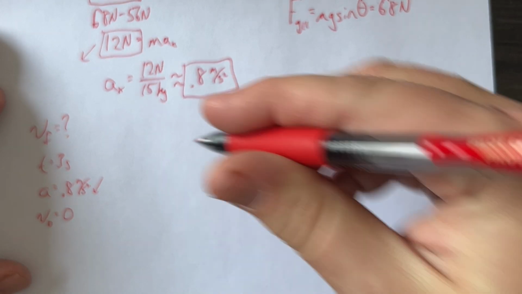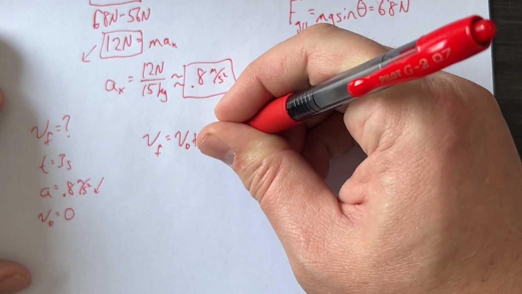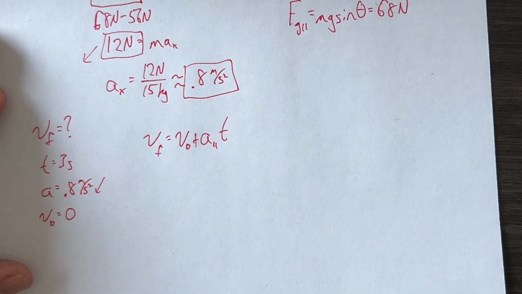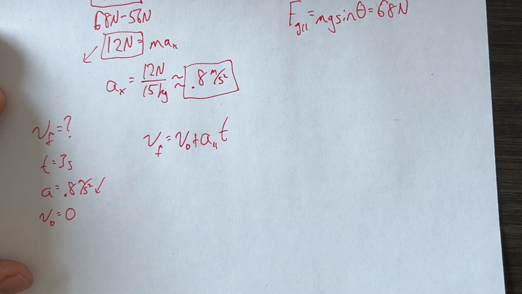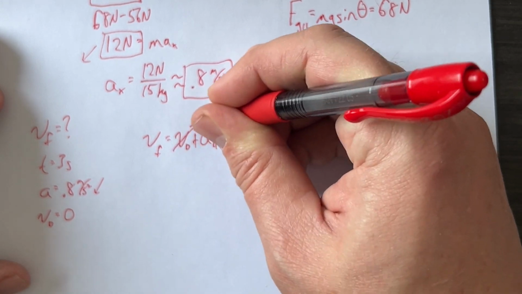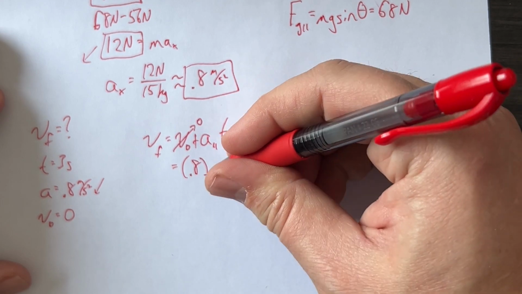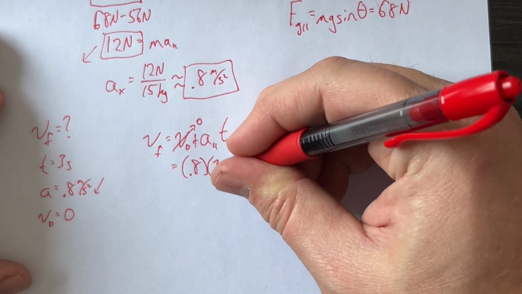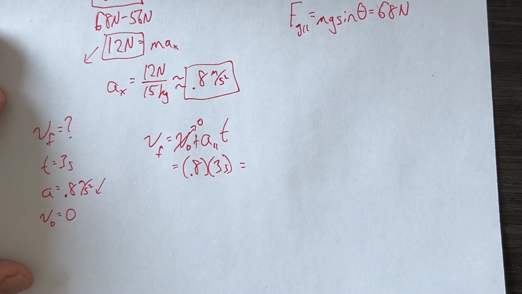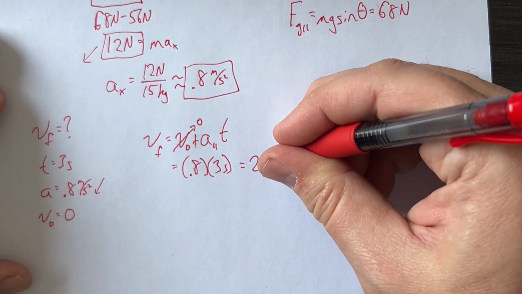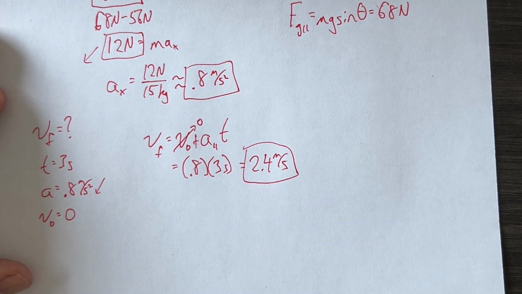And the whole reason we have this question in here is to just say that once you get past those force of gravity components, our usual methods of analysis will work just fine. So I could take my acceleration and my time, and 0.8 meters per second squared times 3 seconds does get me 2.4 meters per second by the time the kid is getting to the bottom of the slide.